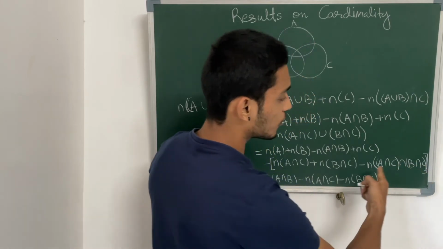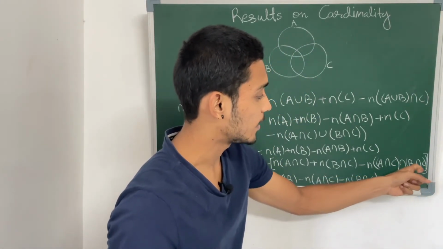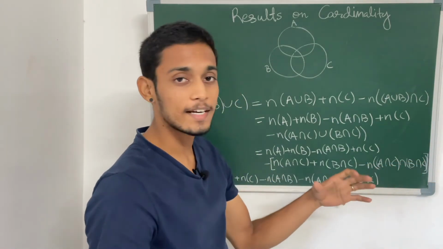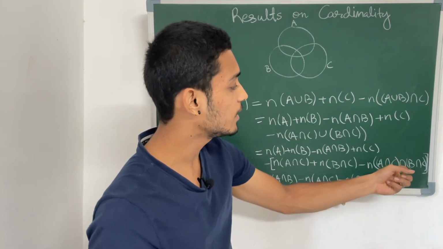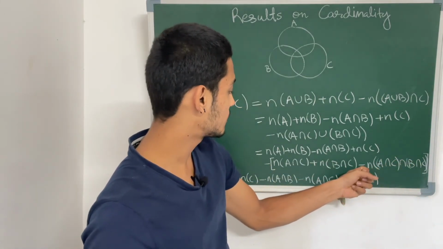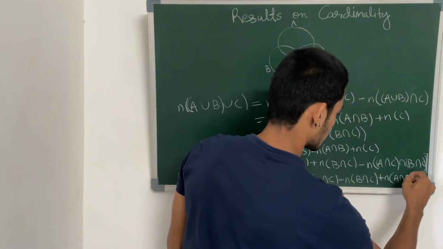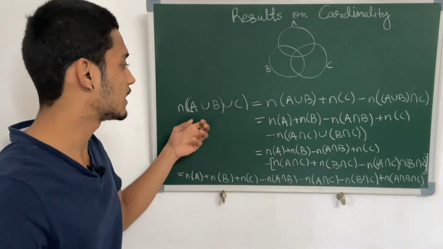And if you solve for this, they are all intersections only, and C is 2 times. So by the idempotent law, it is just 1 C. So if you take intersection of C with itself, it's the same set. So we are getting A intersection B intersection C, and this minus will make it a plus. So as you can see, we have got the same result even when we solve it with the associative law.